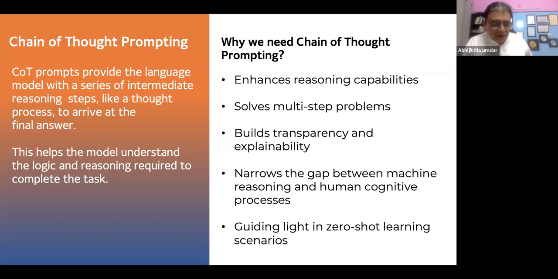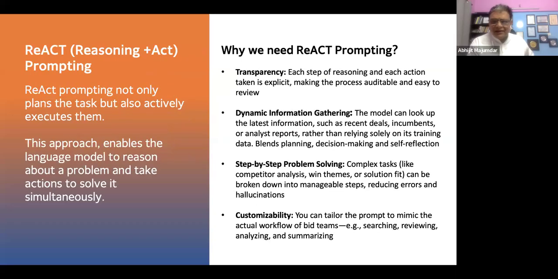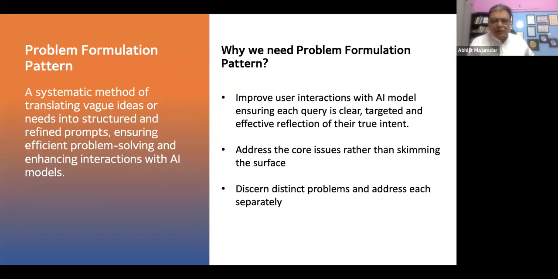Then human intervention detected it, and of course there was a lot of discussion on how much autonomy agents should have. Those are points which have to be discussed, but that is not stopping things from happening. Okay, so that is chain of thought prompting. Similarly, we have tree of thought prompting, ReAct prompting, again the problem formulation. Let us straight away jump into the prompts and see how these prompts work.